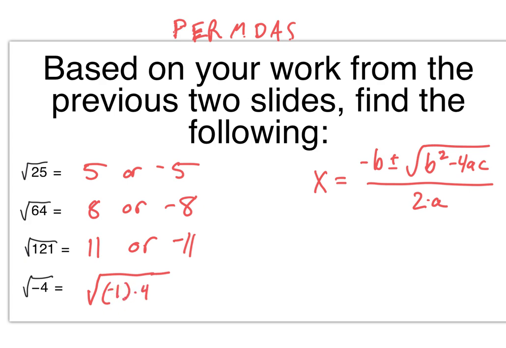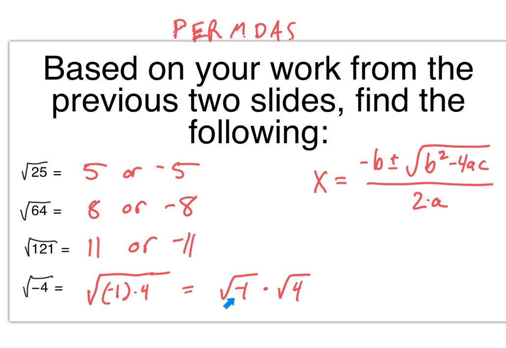This can be restated as the square root of negative 1 times the square root of 4. So when multiplying and dividing, that square root, I can split it up between two different things that are being multiplied. I cannot when I'm adding and subtracting, and we'll see that on a future slide.